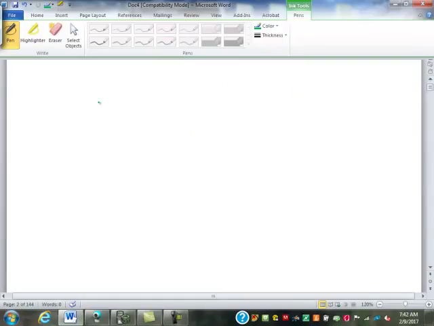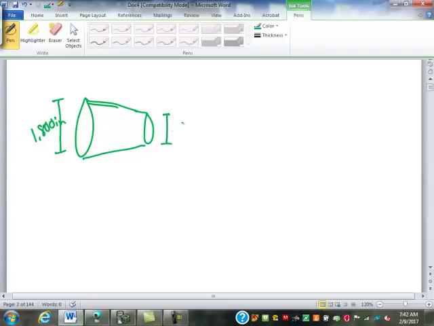Or I might ask you other taper problems where I tell you that this is 1.8 inches, this is 9 inches, and this is 0.8 inches per foot.